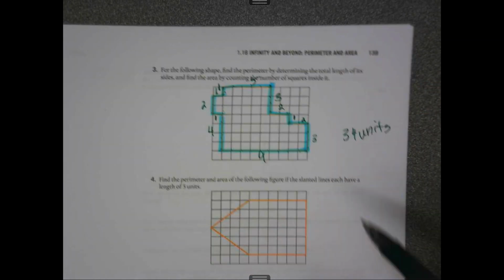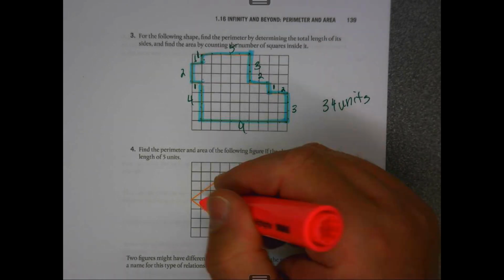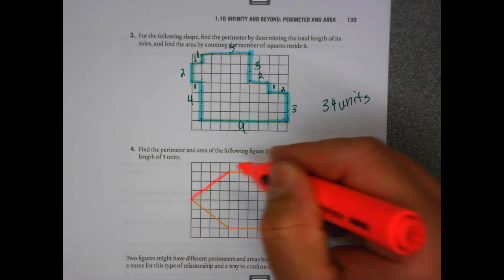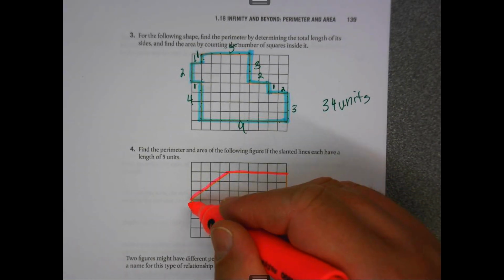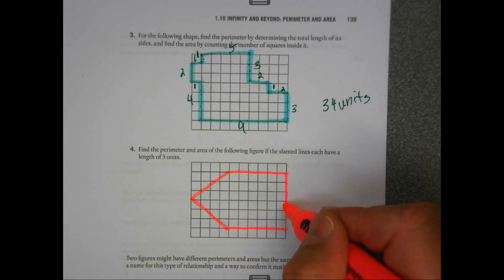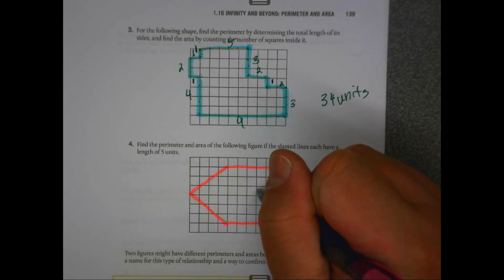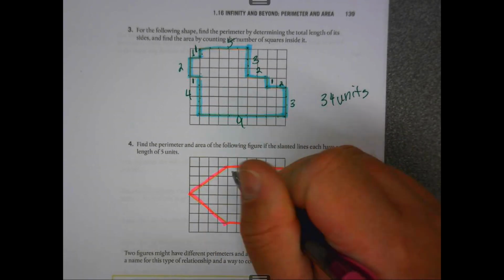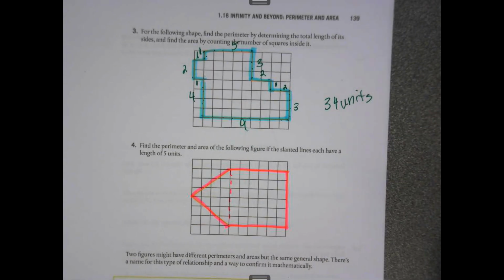Now this one is what we call a composite figure, because we're going to break this down into two shapes that we easily know the formulas for. We're actually going to break this down into, this could be a square, but I'll call it a rectangle until we know for sure, and a triangle.